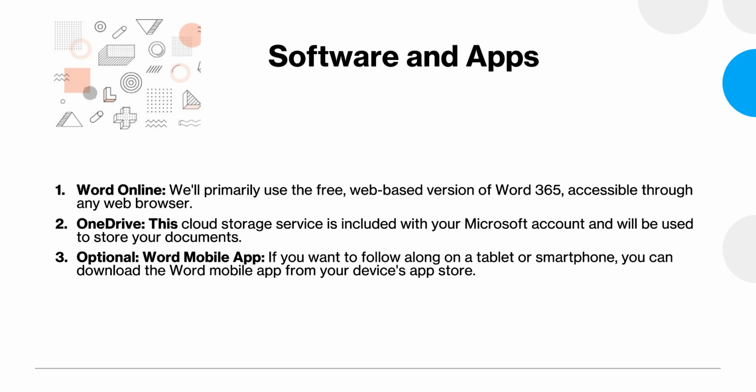And optionally, if you are following using a device other than a computer, like a tablet or a smartphone, you will need to download the Word mobile app from your respective device's app store and install it.